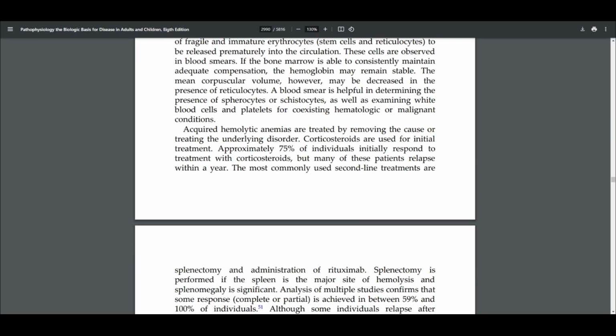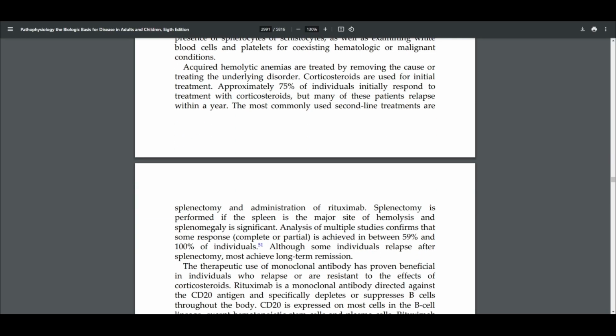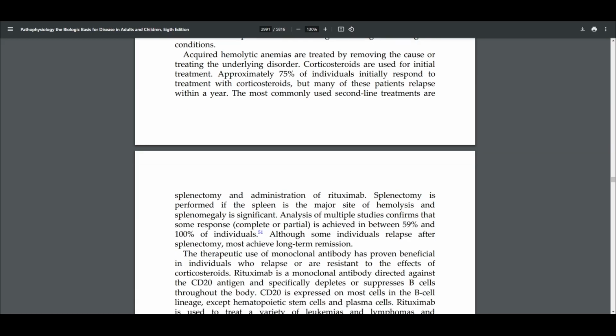Acquired hemolytic anemias are treated by removing the cause or treating the underlying disorder. Corticosteroids are used for initial treatment. Roughly 75% of individuals initially respond to the treatment of corticosteroids, but many of these patients relapse within a year.